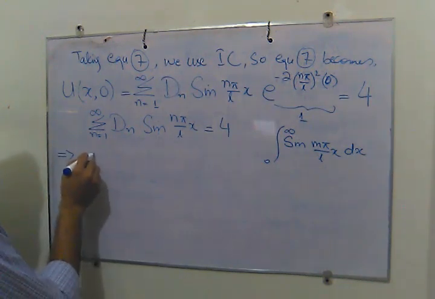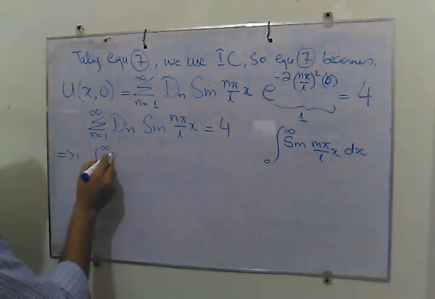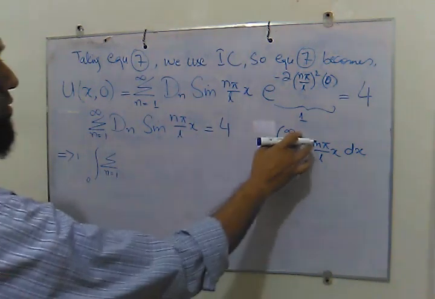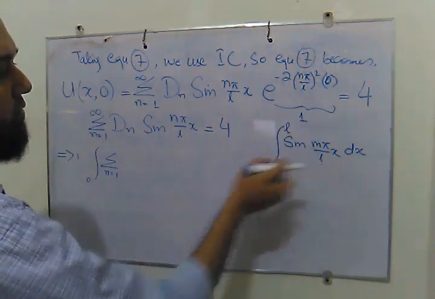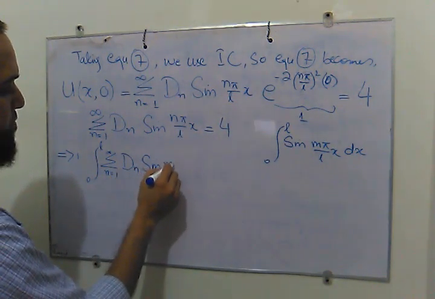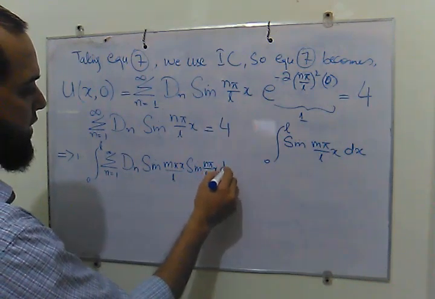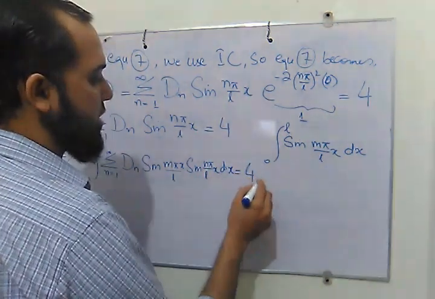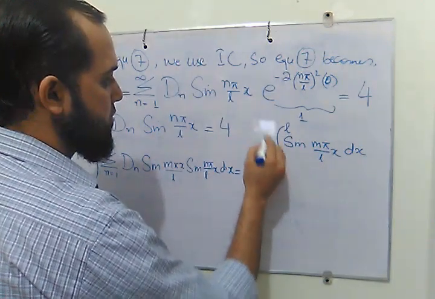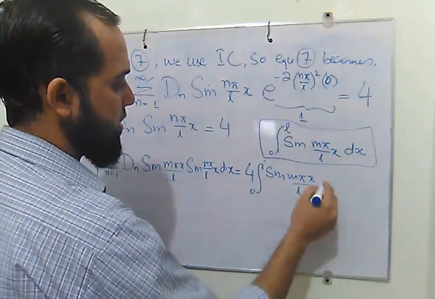Implies that integral 0 to, sorry, 0 to L, because we have L here, dn sine m pi x upon L sine n pi upon L x dx is equal to 4 taken outside of the integral because of the constant, integral 0 to L sine m pi x upon L dx.